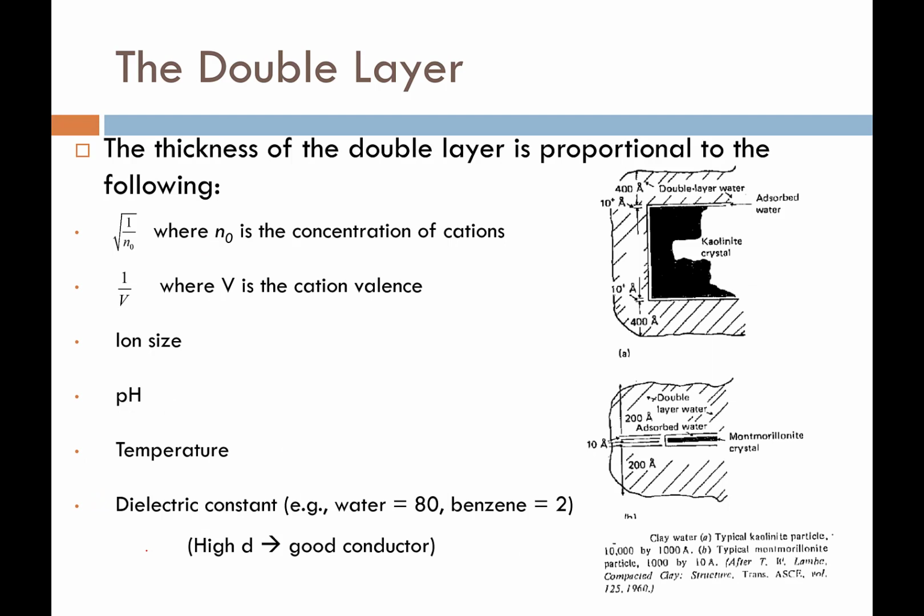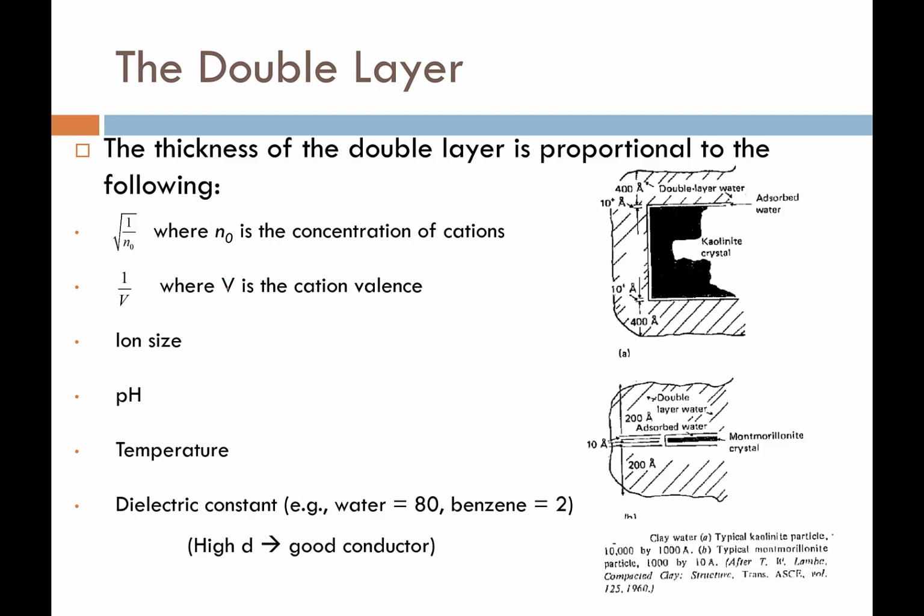So what kinds of things affect the thickness of a double layer? Well, the double layer is proportional to the following things. First of all, it's inversely proportional to the concentration of cations. So in other words, the more cations I have, the smaller the double layer.